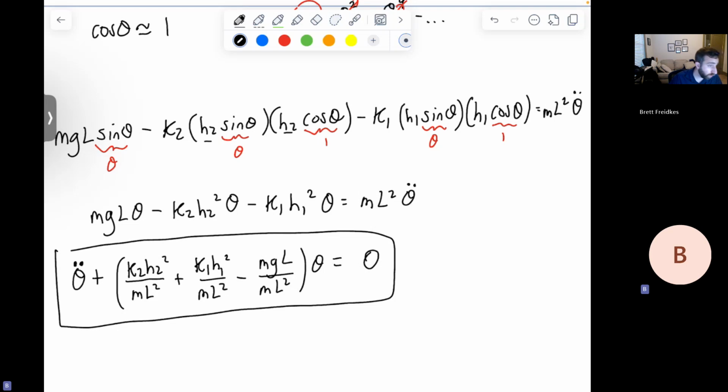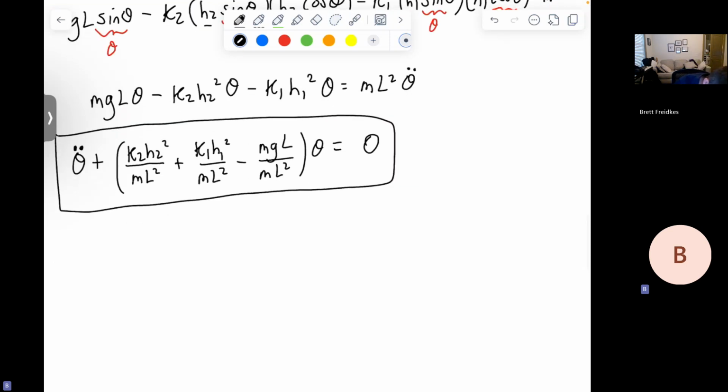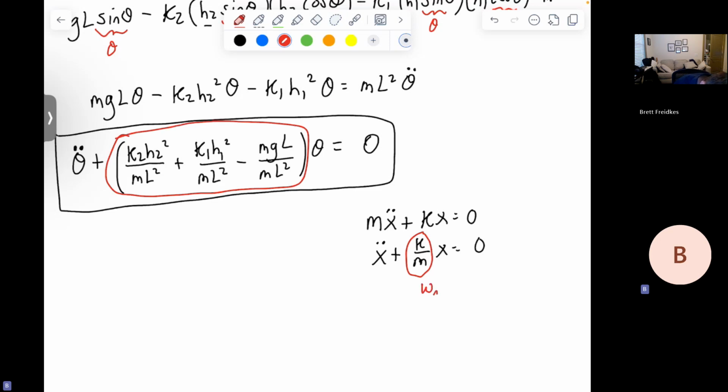I'm going to double check my work to make sure that that's correct. And it seems correct. So if we think back to our original differential equation in vibrations, this is the most important equation, or leads to the most important equation. If we turn it into monic form, we know that the coefficient in front of the x, or in front of the theta, is going to be omega n squared.